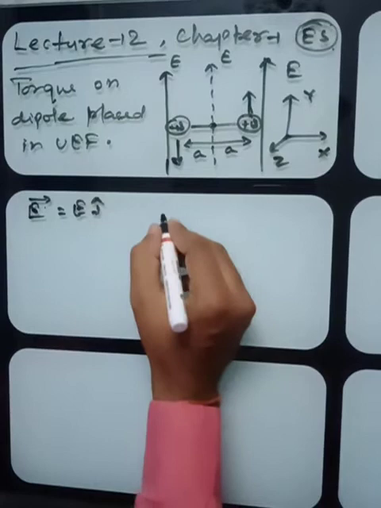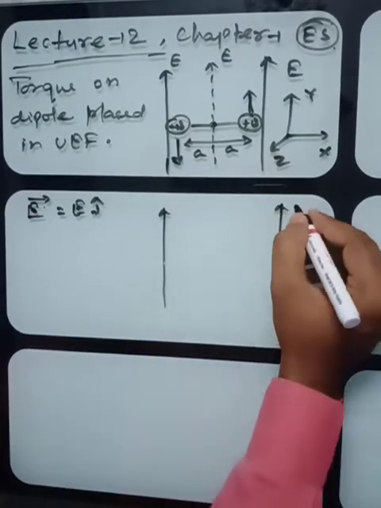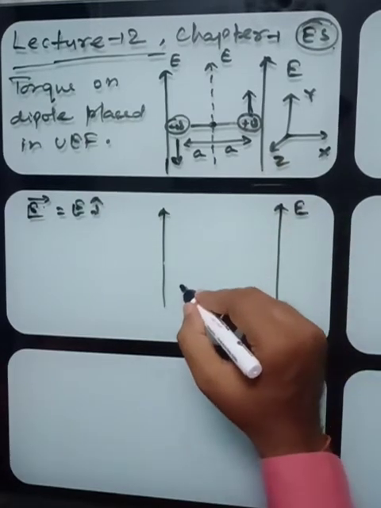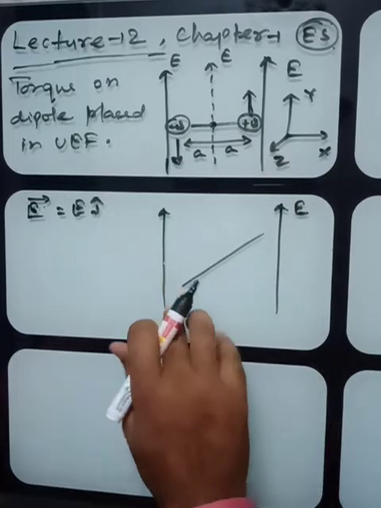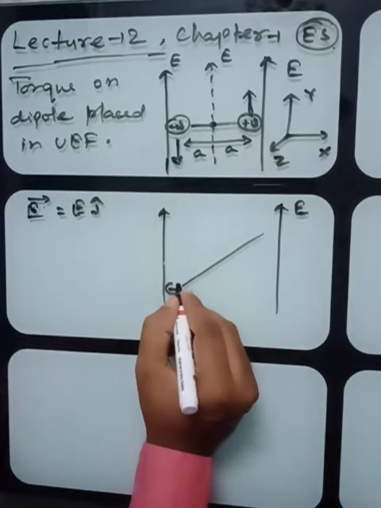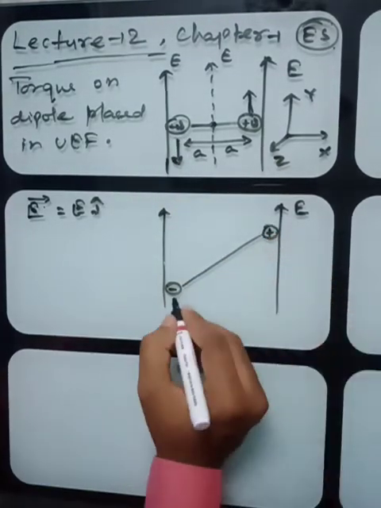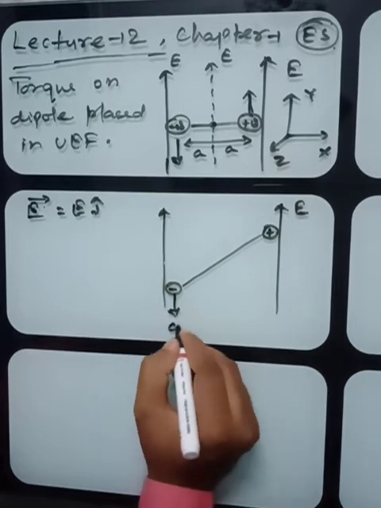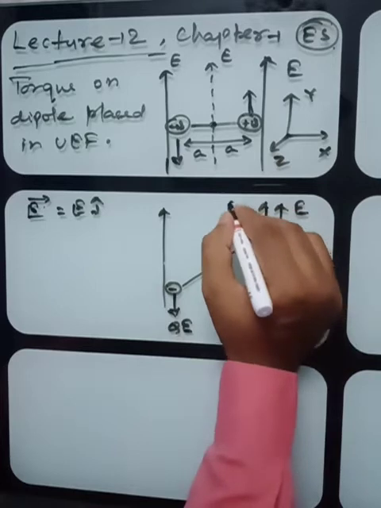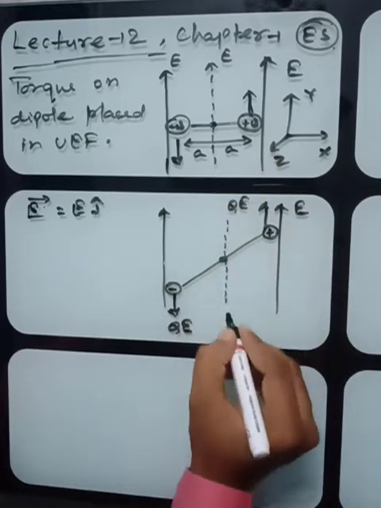Again here we can draw the diagram. The diagram only will make your concept clear. After rotation, okay student, here the negative charge minus Q and plus Q. Why is this moving? Here QE is the force acting, and here also QE is acting as the force, from the center.